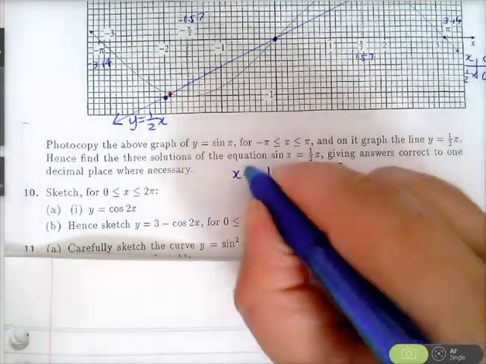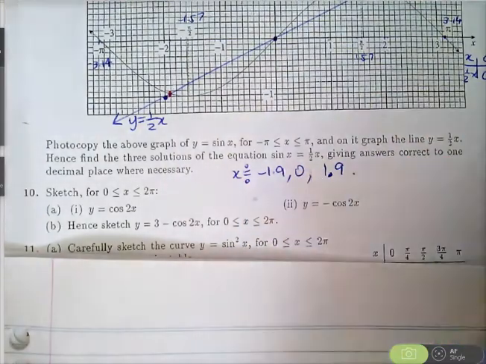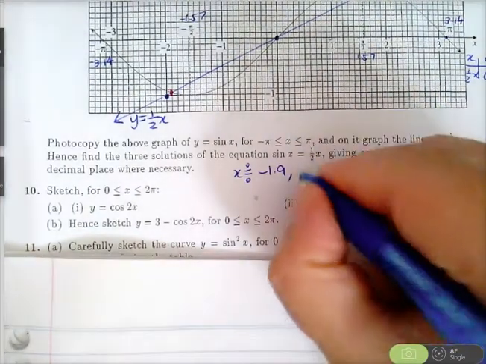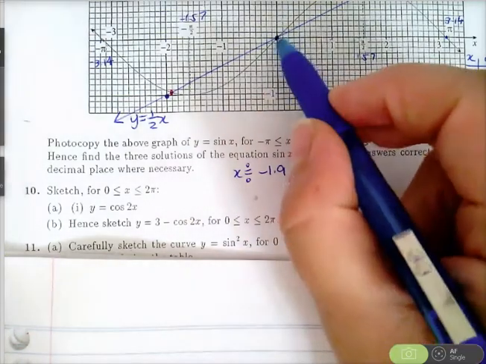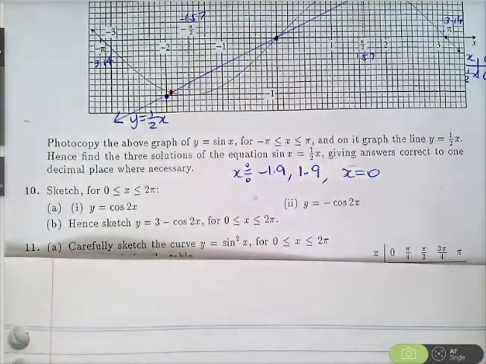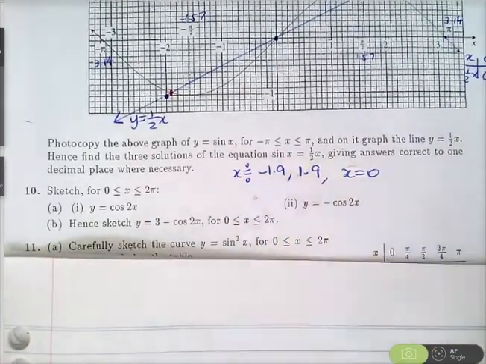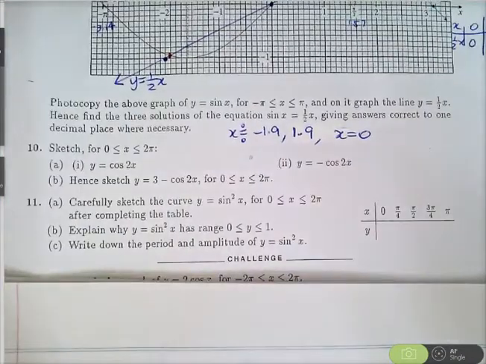Solutions, I'm going to put x is approximately equal to negative 1.9. It actually does, and it's approximately equal to 1.9 as well, and x is definitely equal to 0. Okay, so the negative 1.9 and the 1.9 are approximations, so approximately equal to, and x equals 0 is an exact solution.